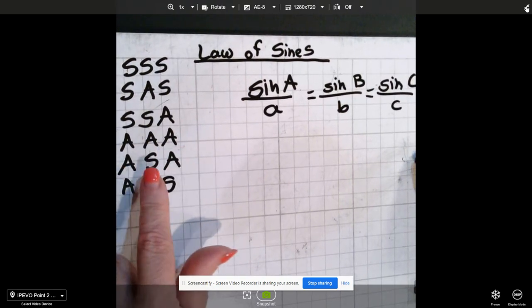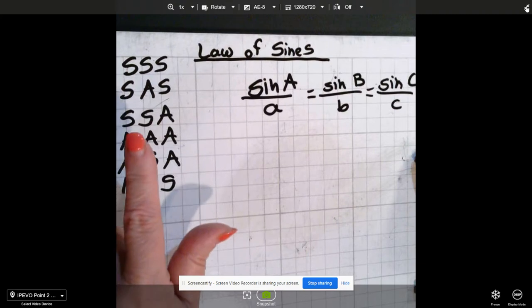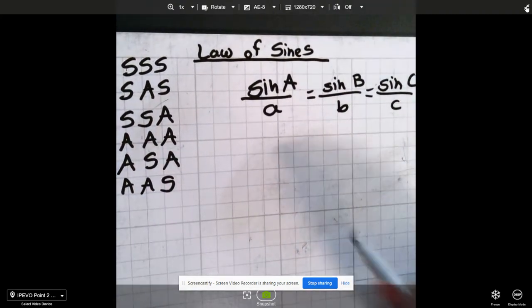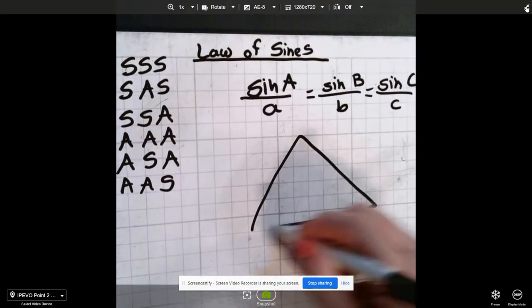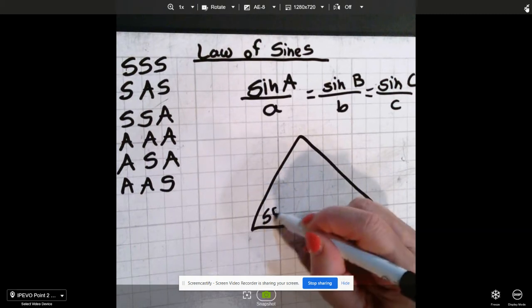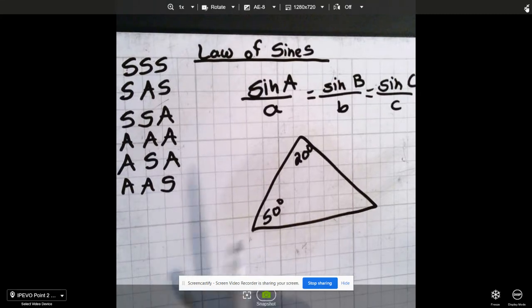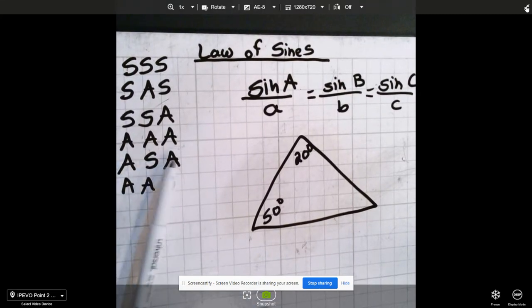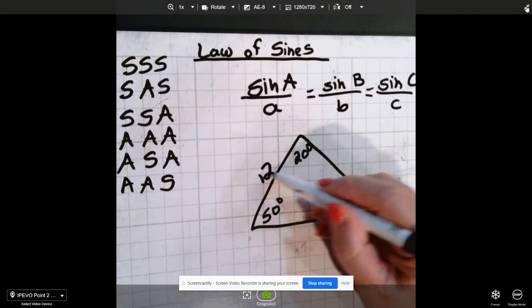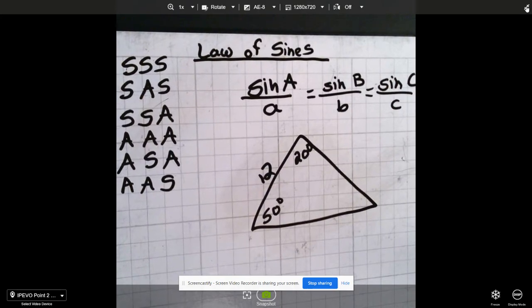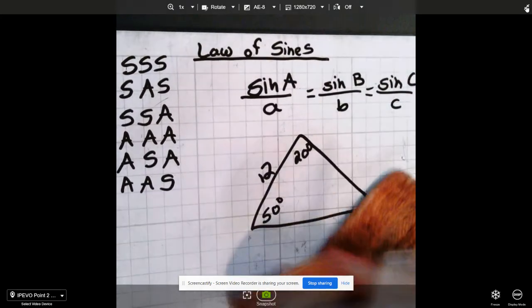This one here would be angle, side, angle. So just like side, angle, side, the side now has to be between the two angles. So for instance, if I knew this was 50 degrees and I knew this was 20 degrees, in order for it to be angle, side, angle, I would need to know the measure of that side that's in between the two angles.